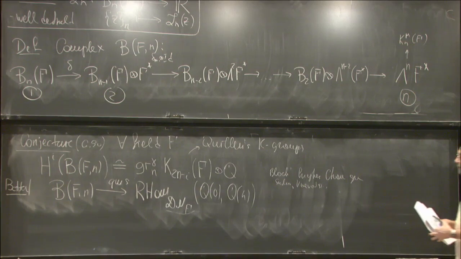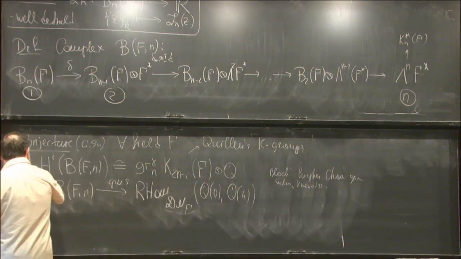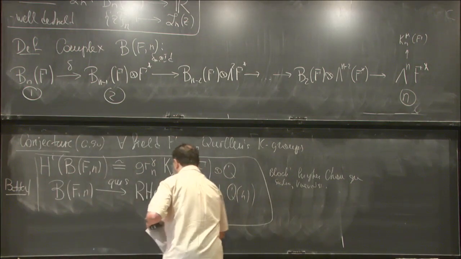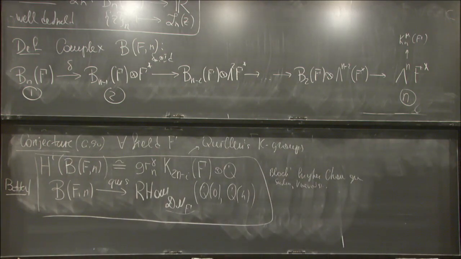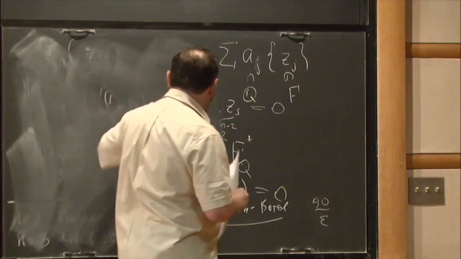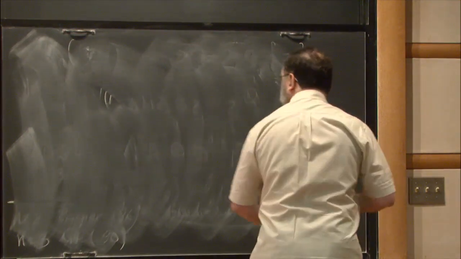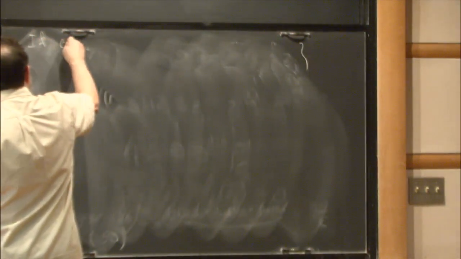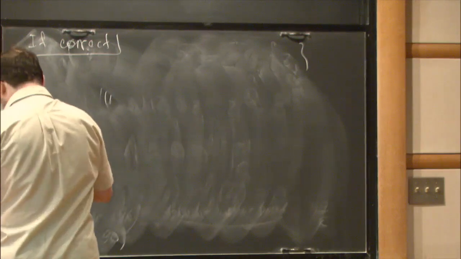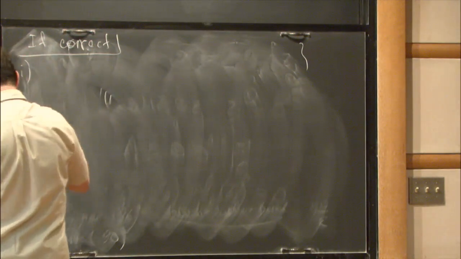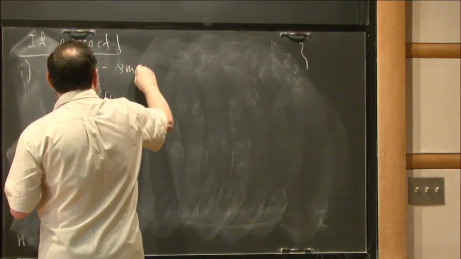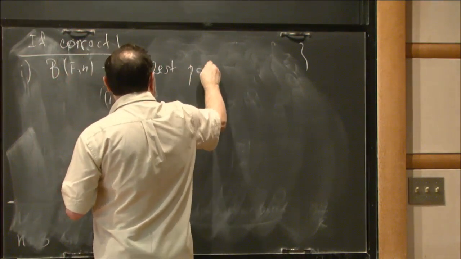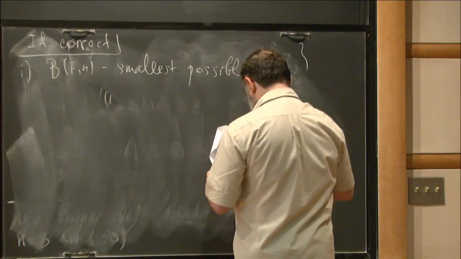So there are some features. If you look at this conjecture, I want to stress that there are some features there which tell us that if this conjecture is correct, then first of all, this is a kind of smallest possible variant of motivic complexes.